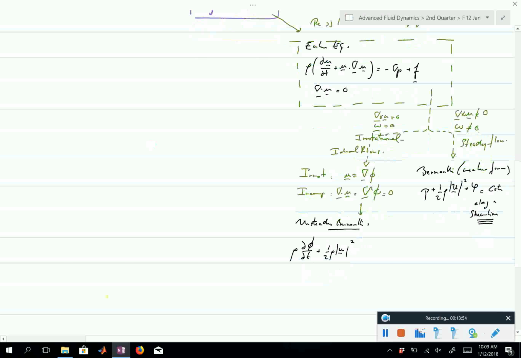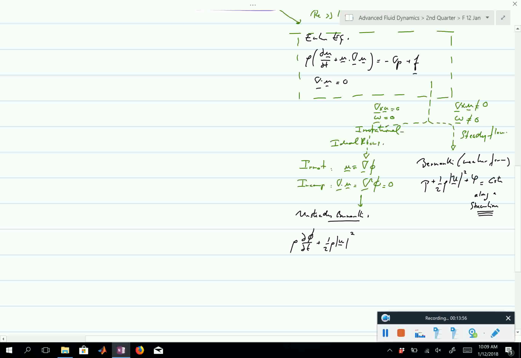Remember, you're writing this in the bulk. So this velocity here, you could also write this term as 1/2 rho grad phi squared. It's the same thing. Plus the pressure plus your force potential is equal to a function. Now that function might depend on time, but it does not depend on your streamline. It does not depend on space.